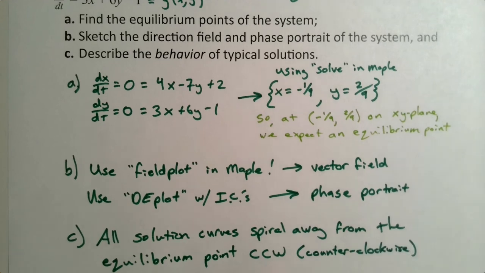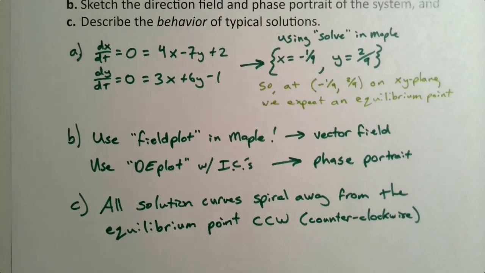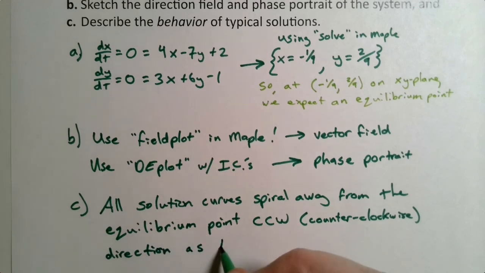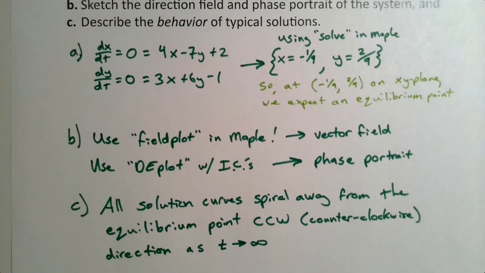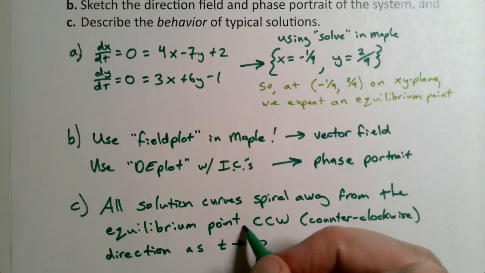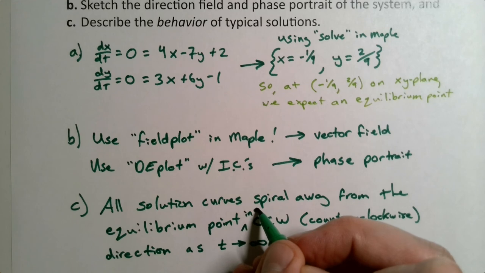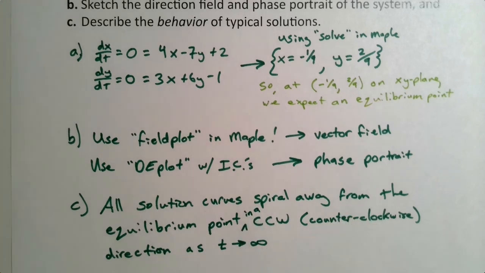I like to abbreviate CCW for counterclockwise or CW for clockwise. In a counterclockwise direction as t gets bigger and bigger and bigger. So as time goes by, they spiral away from the equilibrium point in a counterclockwise direction. Right?